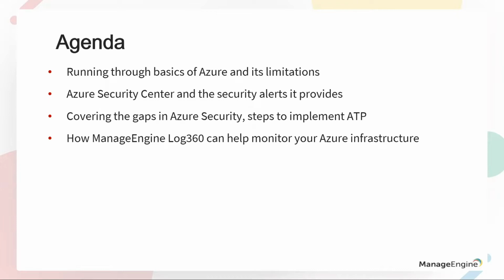And last but not least, how ManageEngine Log360, ManageEngine's integrated SIEM solution, could help you solve all of the problems that I'm about to address. But the key takeaway is the problems. The problems around IT security and cybersecurity are real across geographies. Languages might be different, but please ensure that for the problems I discuss today, you have answers for them.